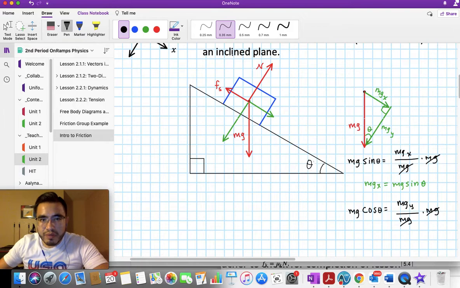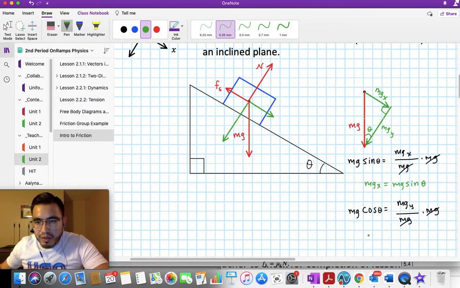So then mgy is equal to mg cosine theta.